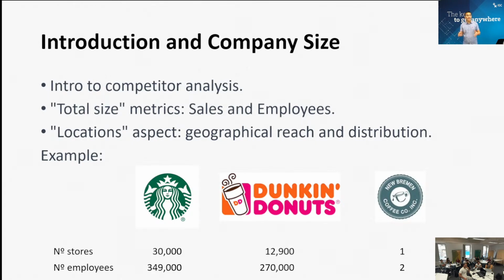Is that correct? Now, in terms of number of employees, Starbucks employs around 350,000 people, and Dunkin' Donuts employs 270,000. So if New Bremen coffee shop has only 2 employees, they have to fight against an army of companies.